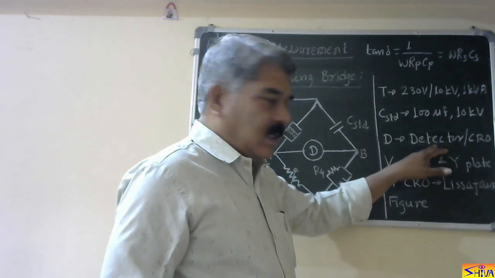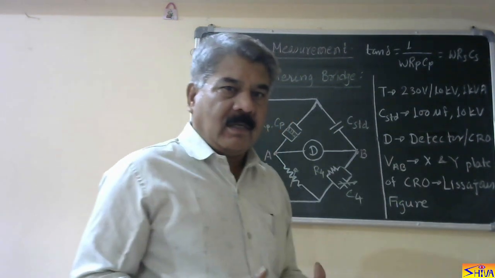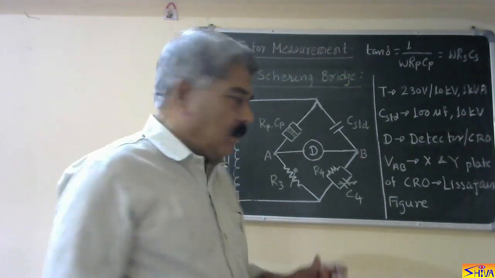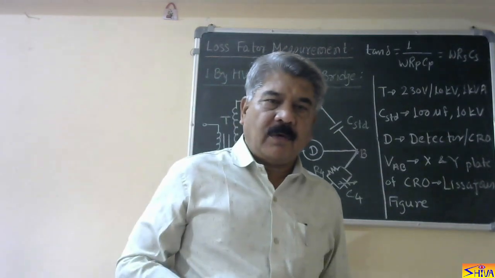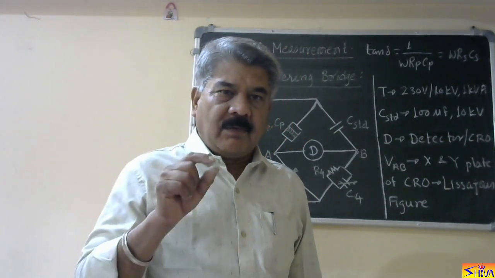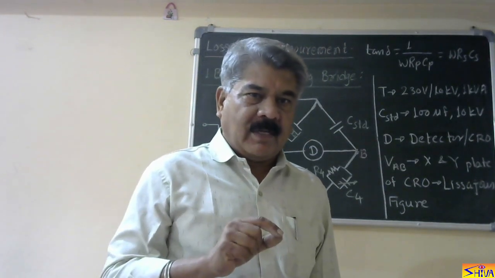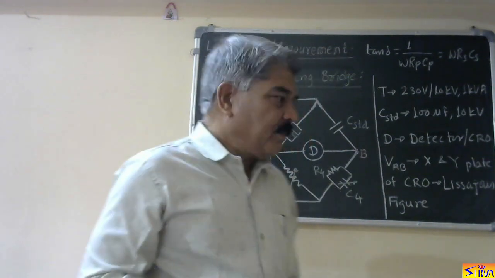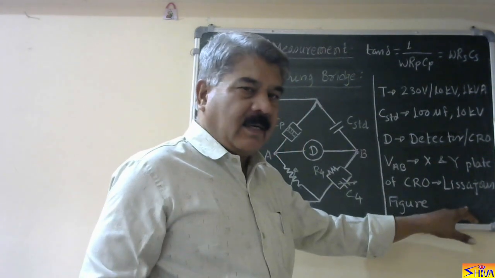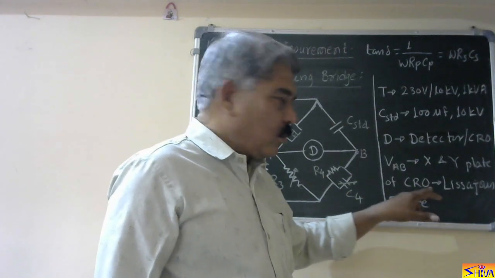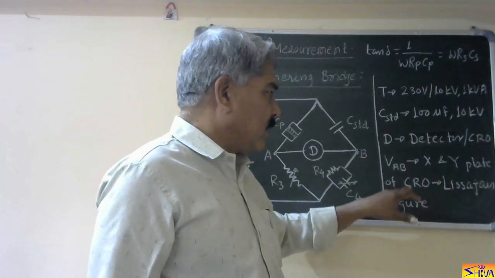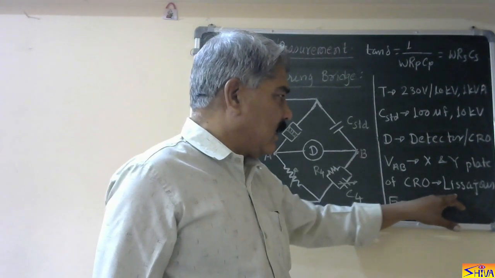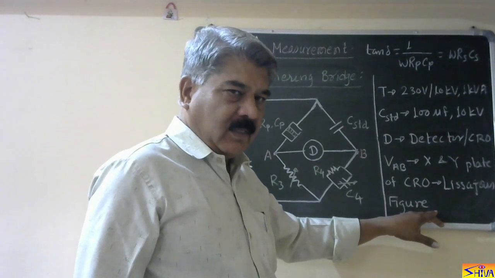Now, if we want to see the waveform of the VAB voltage, we use the CRO in the simple way. But here we are interested in the Lissajous figure on the CRO screen. So this VAB is given to the X and Y plates of the CRO, so that we can get the Lissajous figure on the screen of the CRO.